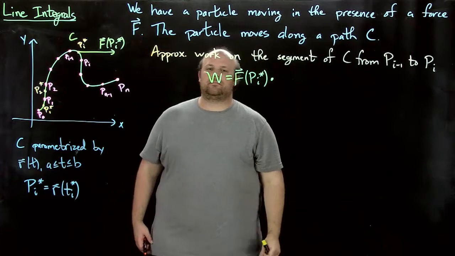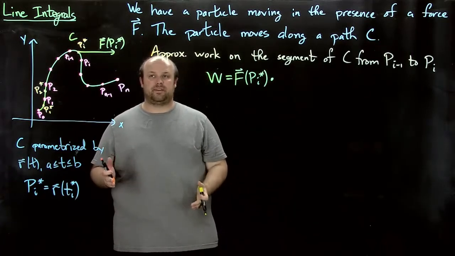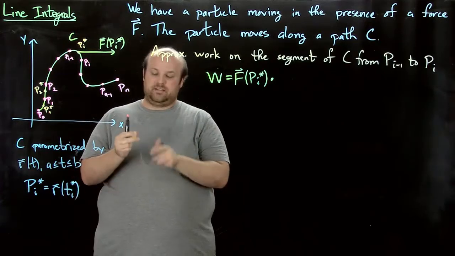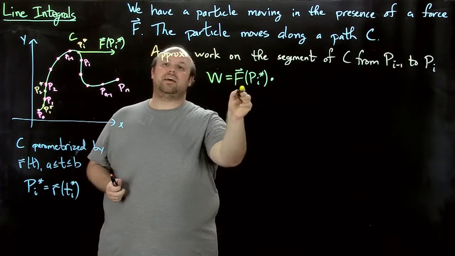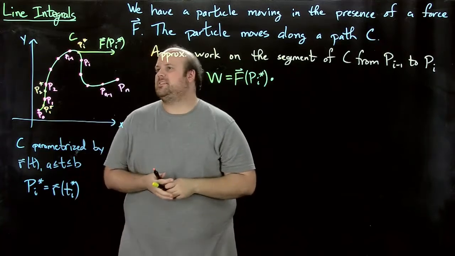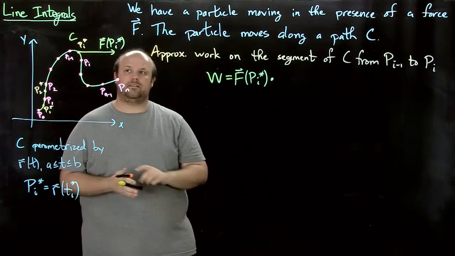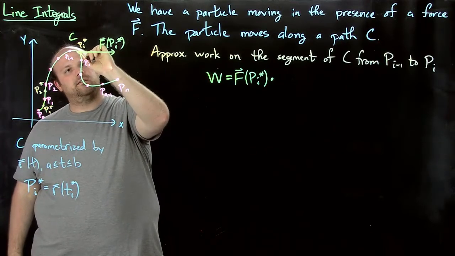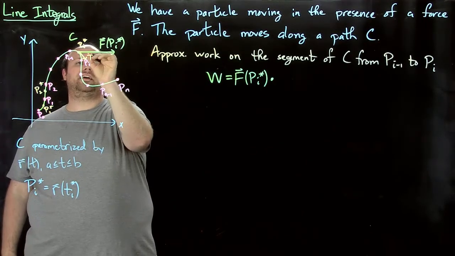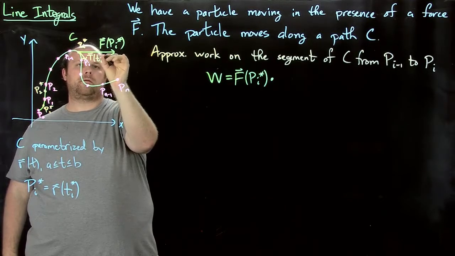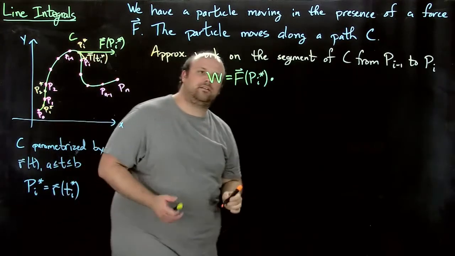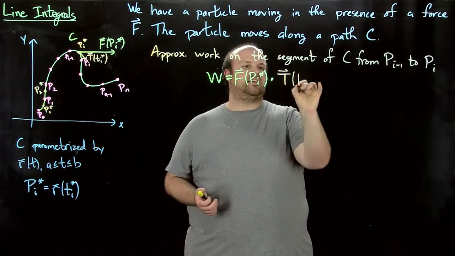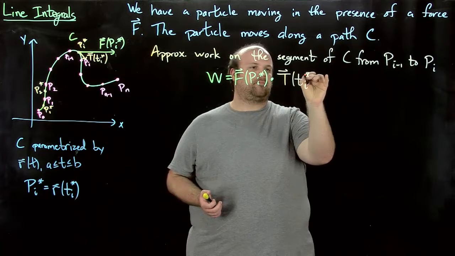All right, but now we have to come up with a replacement for the displacement vector. So the way we do this is, well, we want to take the dot product of F with something, so it needs to be something that starts at that same point. Right? So what we will do is we'll take the unit tangent vector, so we'll dot product F with the unit tangent vector at that point.